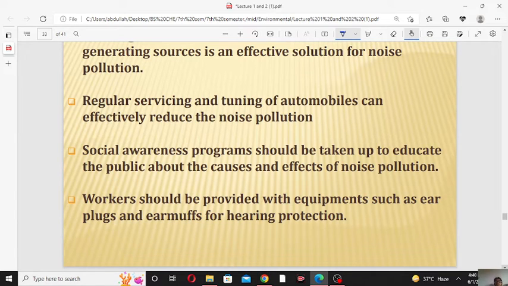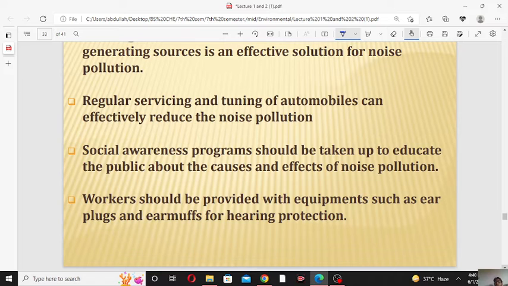People should be educated not to produce noise in busy areas, especially in cities, near schools, bus stations, hospitals, etc. Workers should be provided with equipment such as ear plugs and ear muffs for hearing protection.